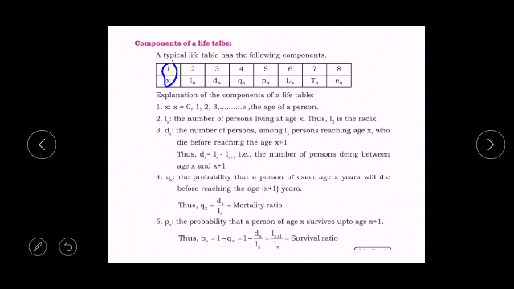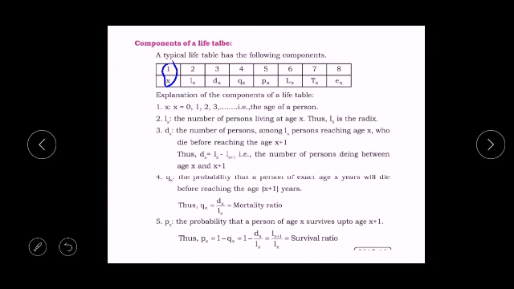Everyone may die within 30 years also, then the table will close there. If only one baby survives till its 100th age, then because of that one baby the table will continue till the 100th age.